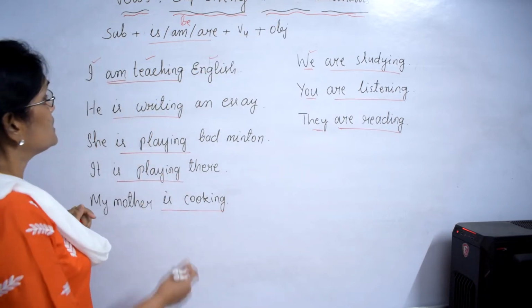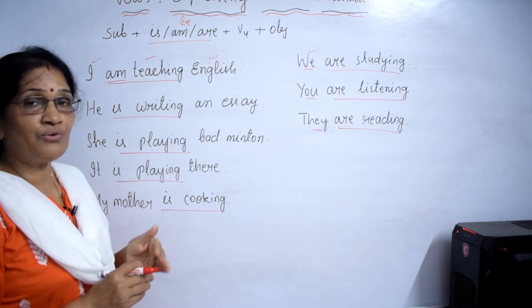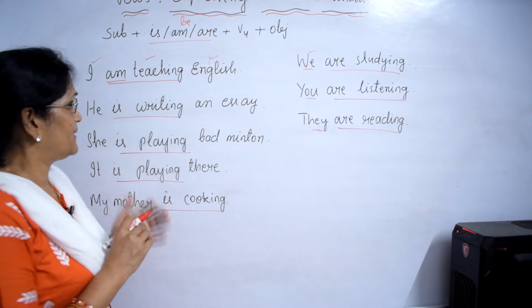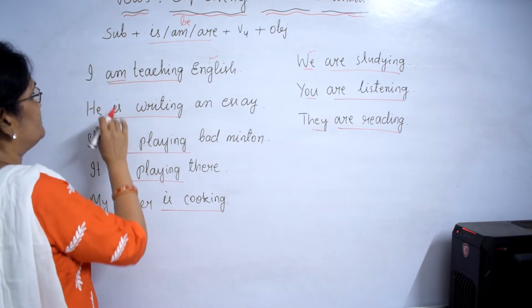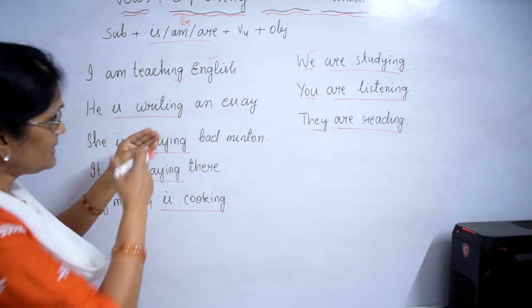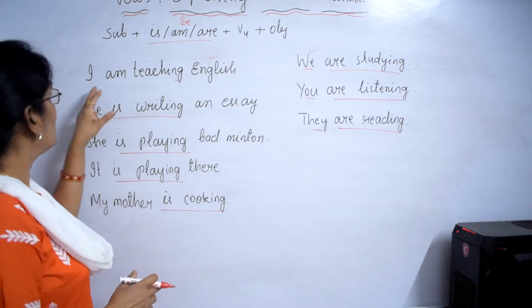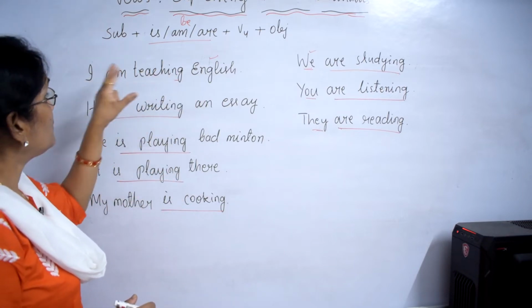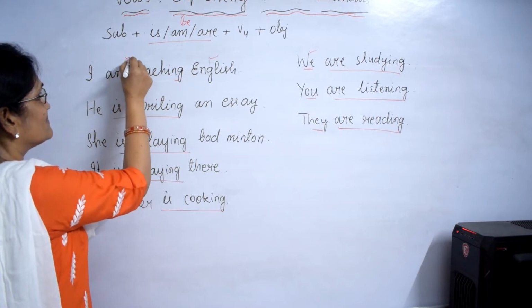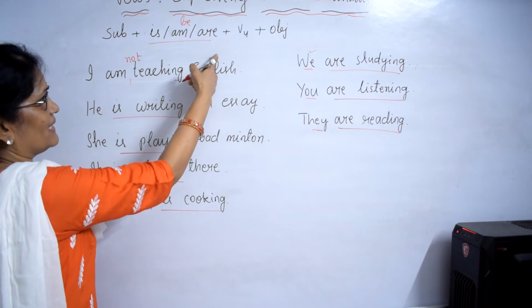Right? So now I am saying how to change a present continuous sentence into negative. Here I am teaching English. In this sentence I am saying I am teaching English. Where do you use not? I am not teaching English.